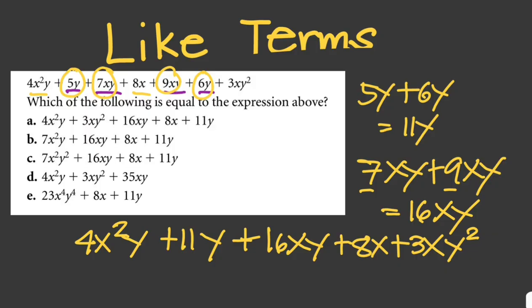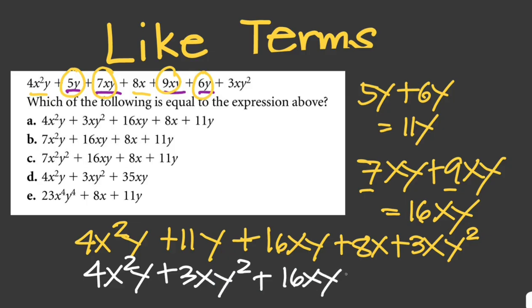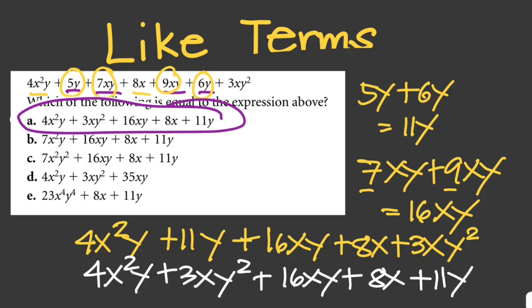Then we can arrange this based on the degree or the exponent. So we can rewrite this as 4x squared y plus 3xy squared plus 16xy plus 8x plus 11y. So the expression that is equal to the original expression above is letter A.